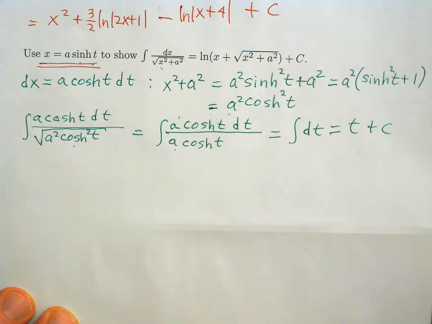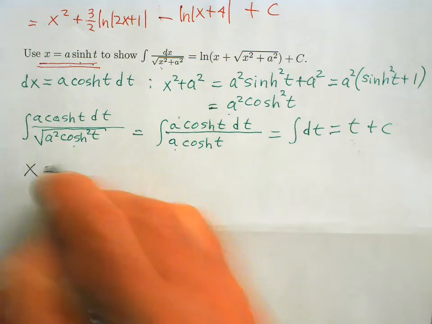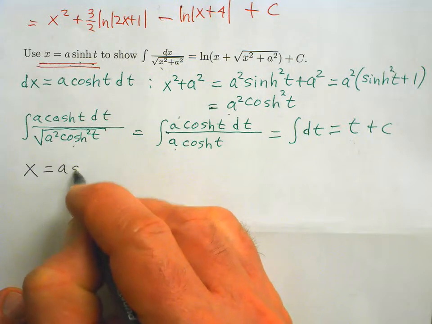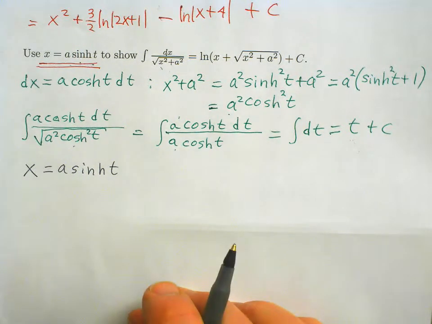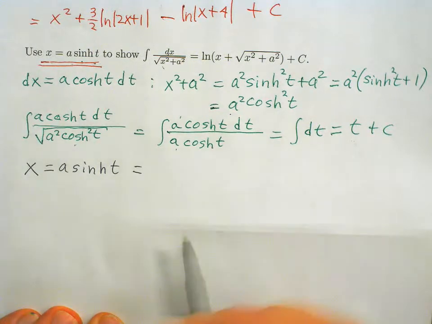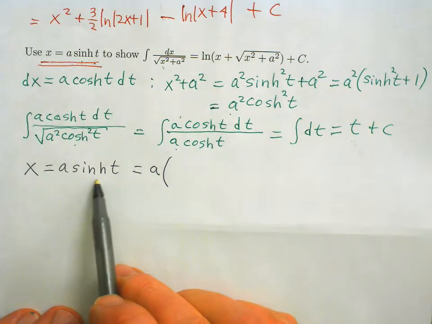Okay, but we need a little bit more information. So first I'll write x equals a times hyperbolic sine of t. And this is a times what hyperbolic sine of t is.